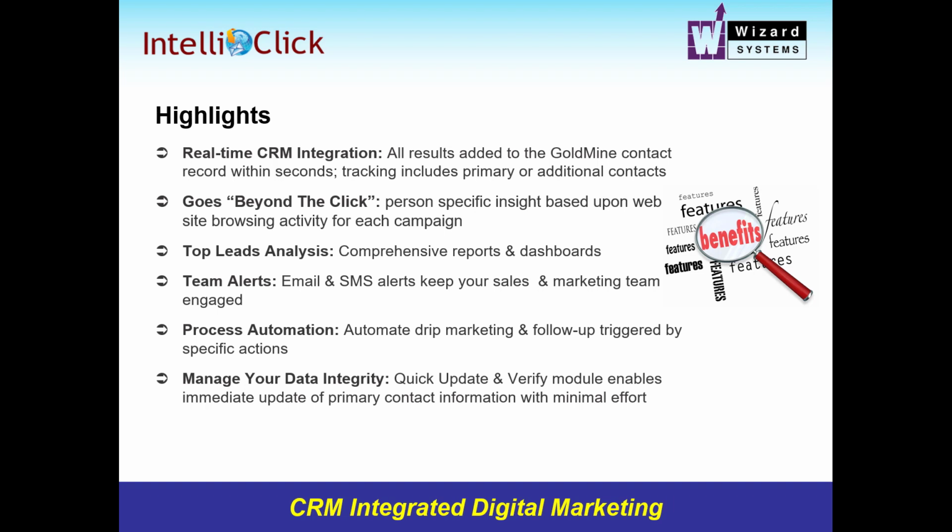Basically those automated processes can be triggered from any campaign you send, so that if you do build some type of flow, whether it's for drip marketing or other forms of follow-up, those can be triggered from that campaign from a single click, so that people are put on a track that immediately starts to take the action that you've defined inside your GoldMine system. The information we're using when you do execute a send is the data as it exists in your system at that moment in time.